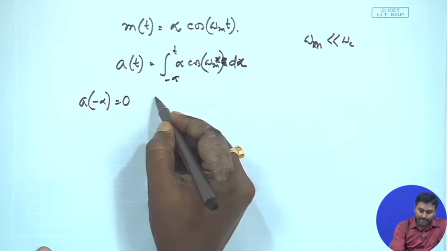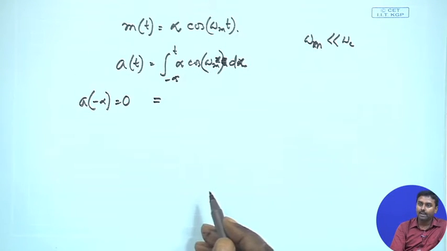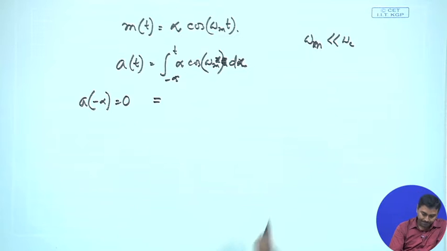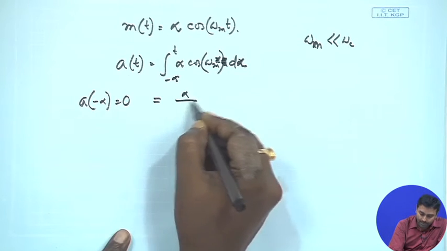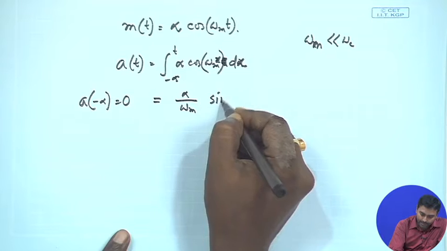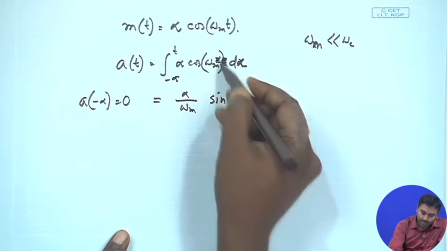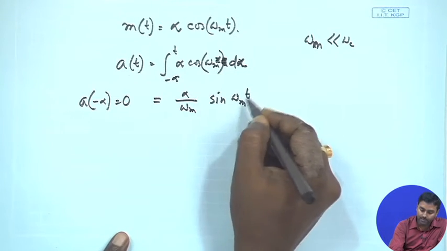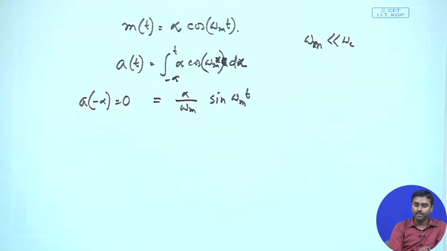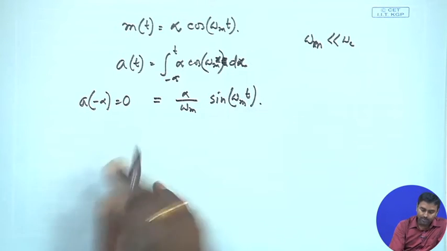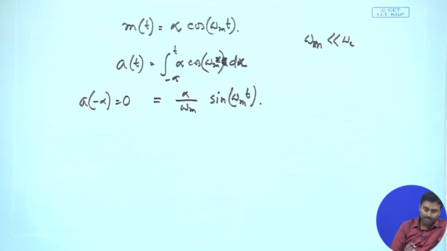Then immediately I can write this as the integration of that, putting in t. So, this should be alpha divided by omega m sin omega m t. In place of x I will put t, because at minus infinity I know it is 0. So, this is my A(t), right.